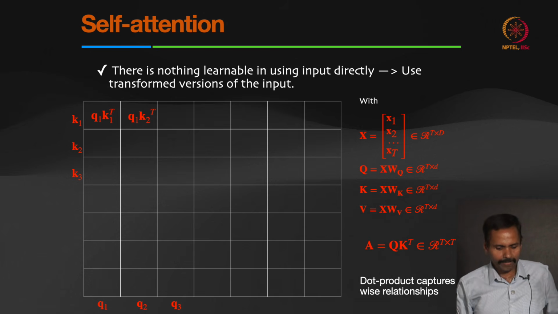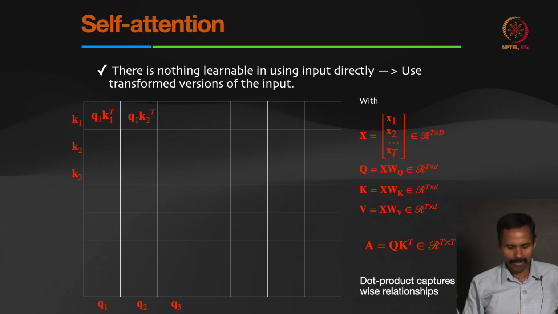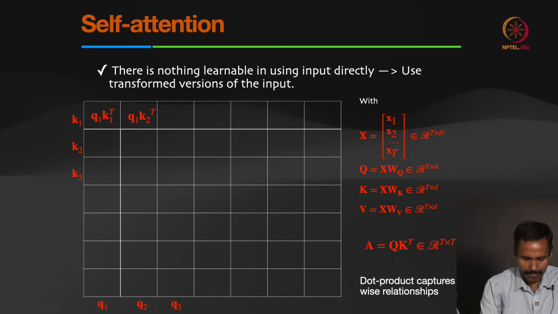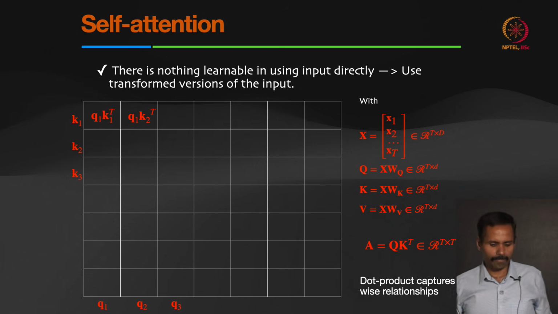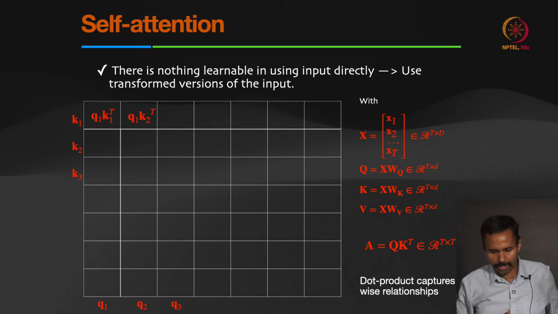So with these 3 versions or copies of the data, you can start forming pairwise similarity between a query and a key, all sorts of pairs, and then you start getting elements of the form Q1 K1 transpose, Q1 K2 transpose and so forth, and now you have a whole 7 cross 7 sequence of such entries, each carrying similarity values but on the transformed outputs.